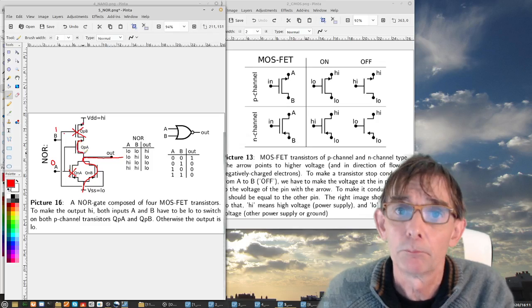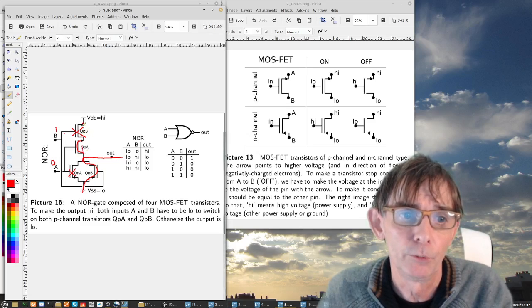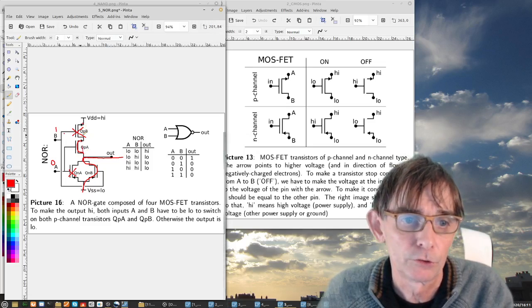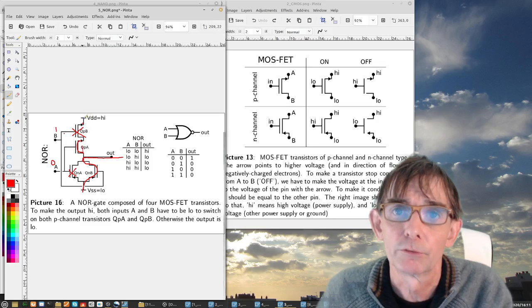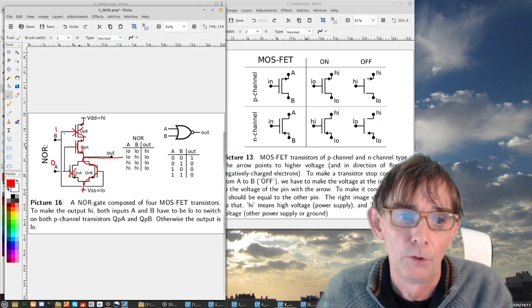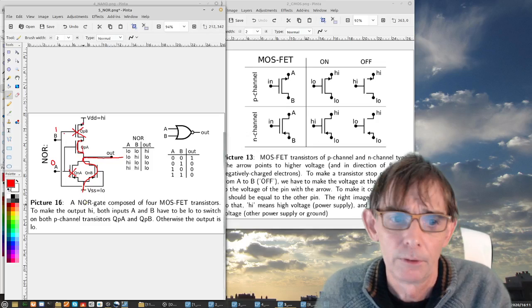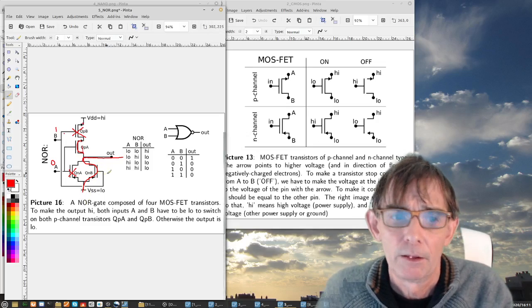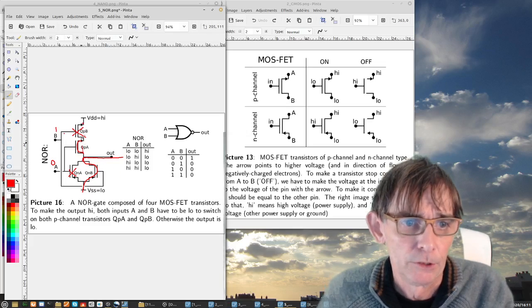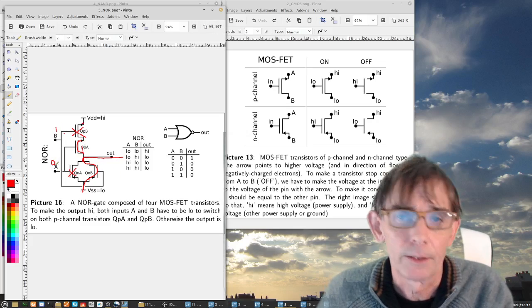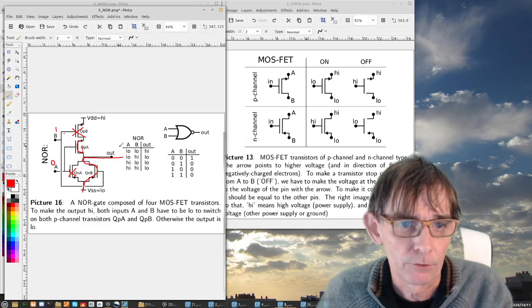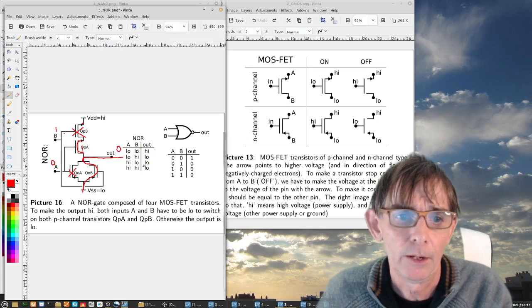It opens this one, but it doesn't matter because the continuing transistor is closed, so there is no short circuit from the high voltage to output, nor to the ground, to the 0 voltage. So 1, 0 at the input, we get actually 0 at the output.